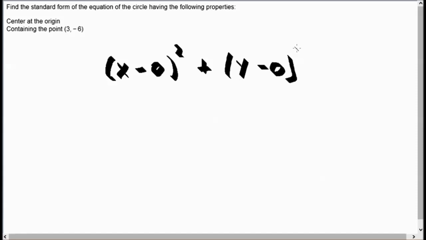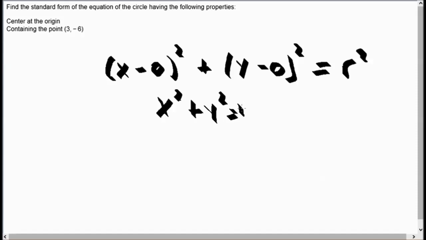Okay, if we want to find the standard form of this equation, we know the center is at the origin, so from the formula from the previous example, we can just say x minus 0 squared plus y minus 0 squared, because 0, 0 is the origin. And that's equal to r squared, which we don't know just yet. Then we can clean this up to say that this must be x squared plus y squared equals r squared.